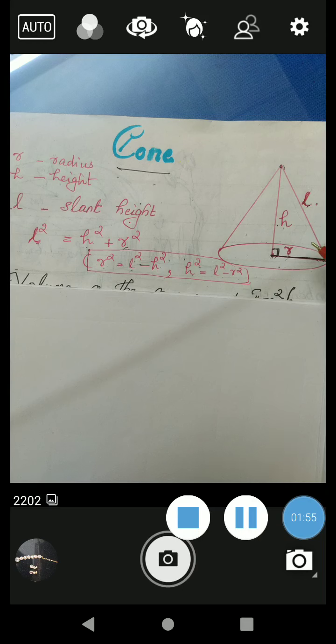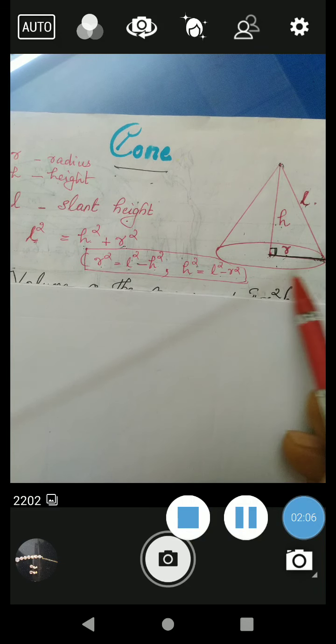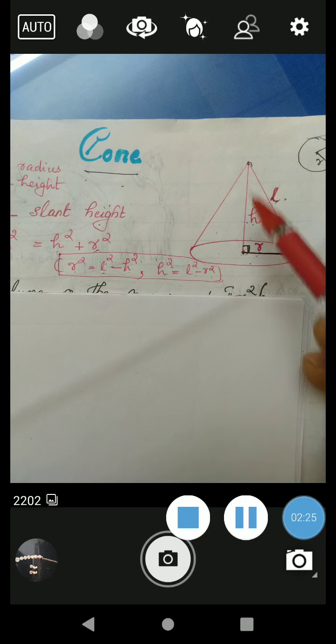It has a height h, its base is a circle with a base radius, and there is one more height you can see here, the slant height, which we denote by the letter L.